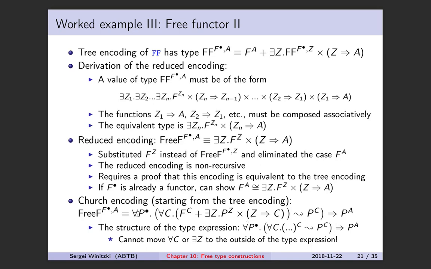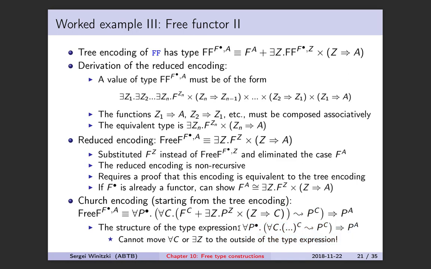So you have several layers where types are quantified. And this type quantifier is specific to the free functor. This wouldn't appear if we had no type quantifier here. So this is specific, but this would be always true for any church encoding of a type constructor.